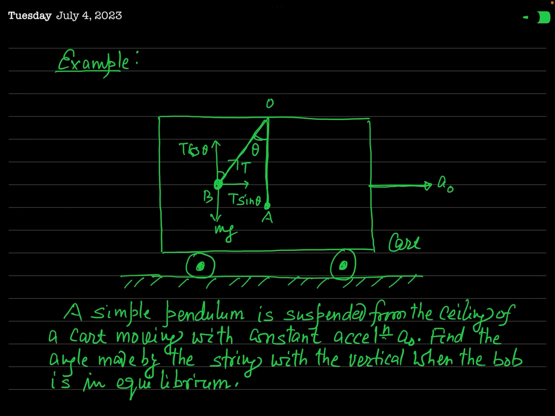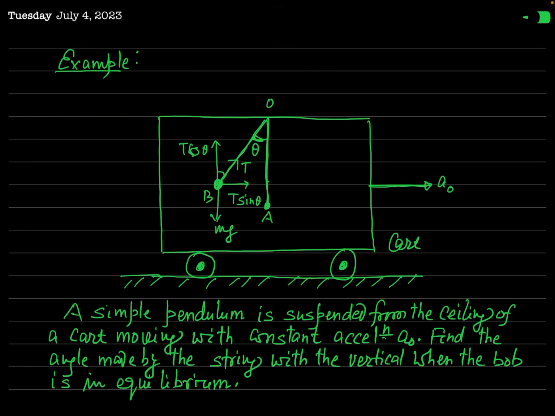Now let us calculate the value of theta when the bob of the pendulum is in equilibrium. This is the problem: you have to find the value of theta made by the string of the pendulum with the vertical when the bob is in equilibrium. Let us try to solve this problem in both the inertial and non-inertial frames.